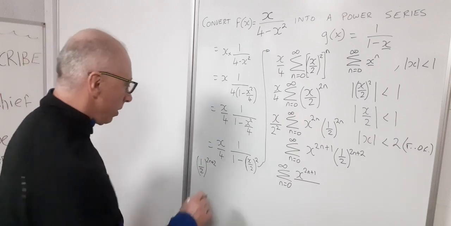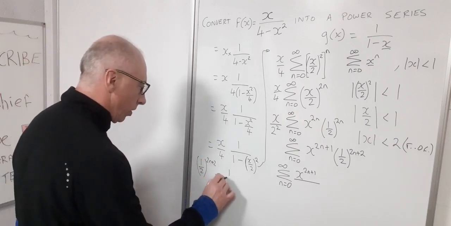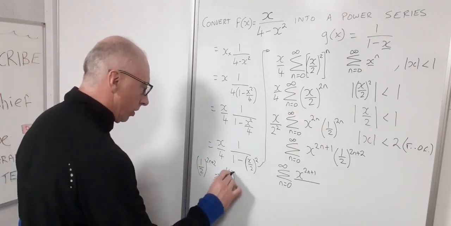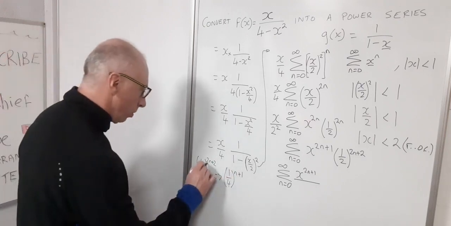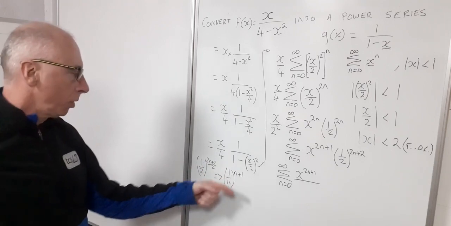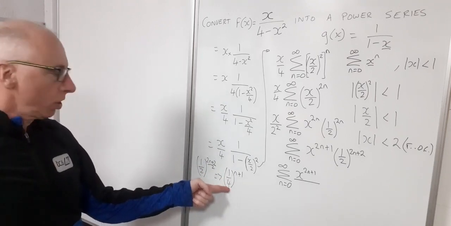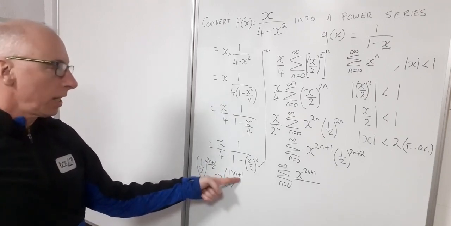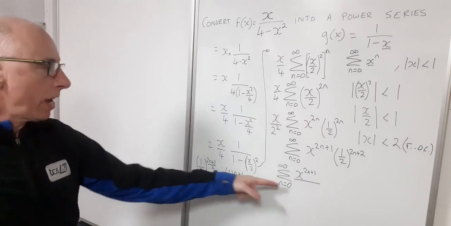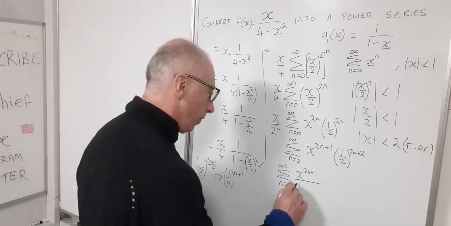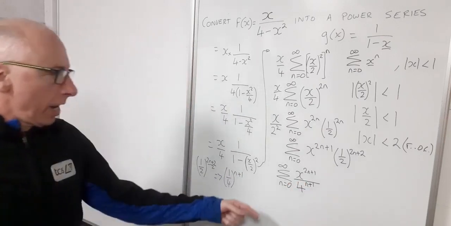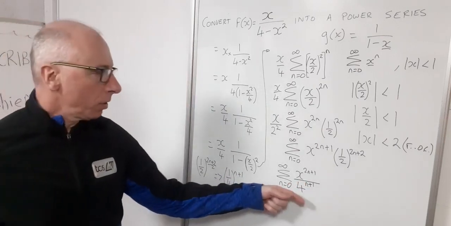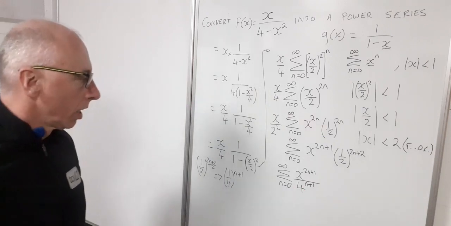What I could rewrite this as is 1 over 4 to the n plus 1. So basically I just divide the exponent by 2, that gives me n plus 1, and then the base becomes 2 squared. So that'll give me a quarter to the n plus 1. So I could rewrite that inside here as dividing by 4 to the n plus 1. Then that becomes my final power series.